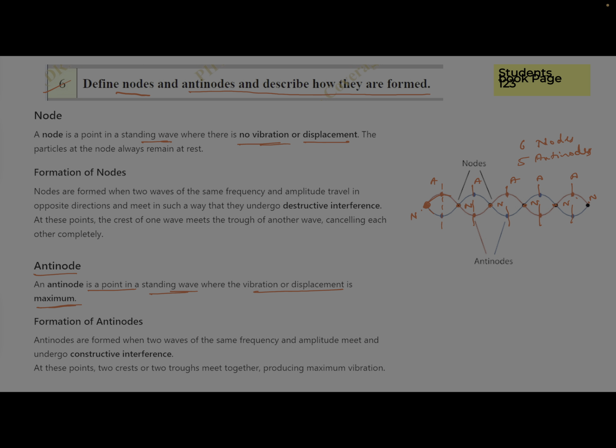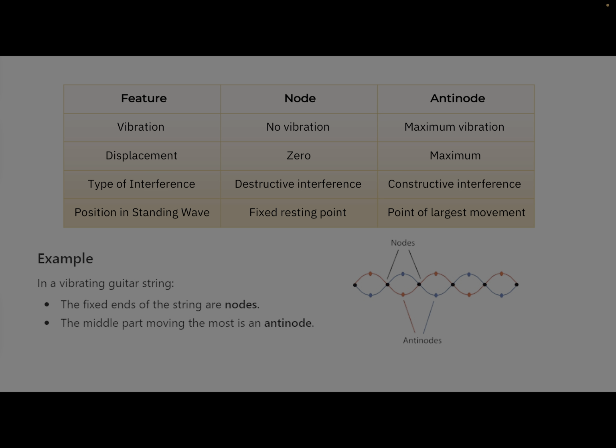An antinode is a constructive point where you are getting something. So feature, vibration: node, no vibration; antinode, maximum vibration. Displacement: node 0, antinode maximum. Type of interference: node means destructive, antinode means constructive. Position in a standing wave: a node has a fixed resting point, but an antinode has the largest movement. This is the largest movement, correct?